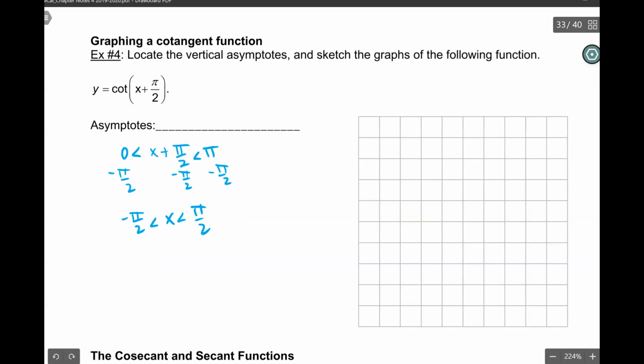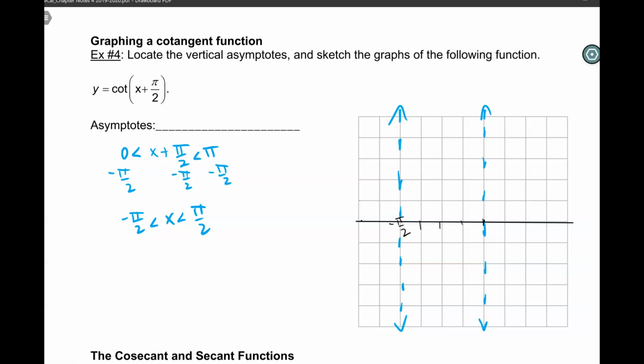So I'll draw my first asymptote at negative pi over 2. Let me draw my line. Here's my line. Then I go 1, 2, 3, fourth over is my other asymptote, which is pi over 2.